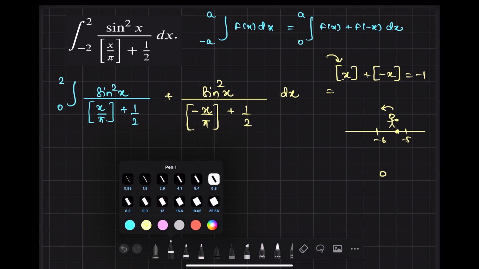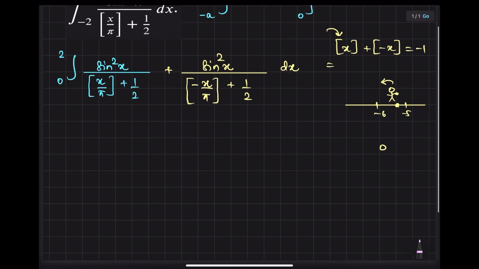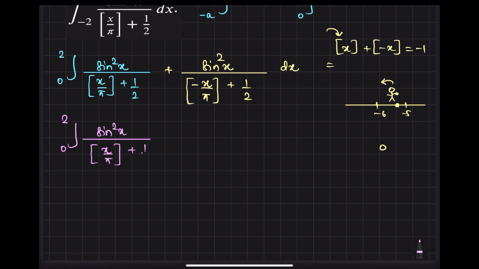Now look at this. Now what we have to do, try to understand. So can I write this question as the integral from 0 to 2 of sine square x upon box of x by pi plus 1 by 2, plus sine square x upon the box of minus x by pi plus 1 by 2?